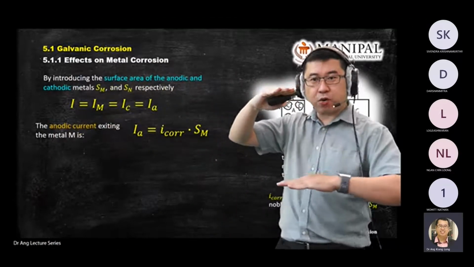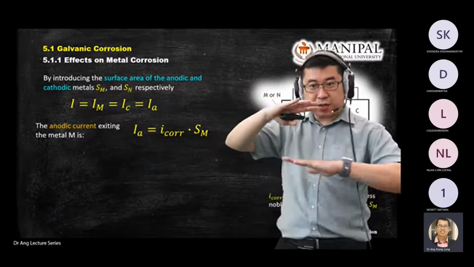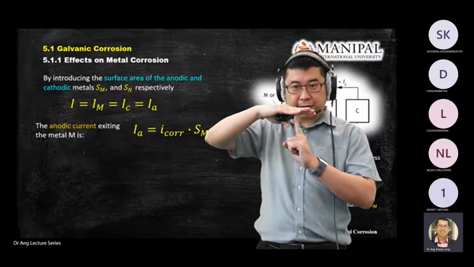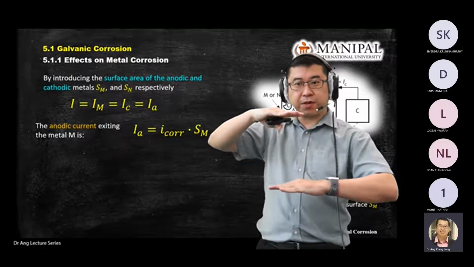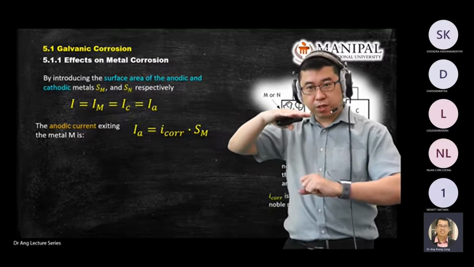The one that corrodes is which one? The one that corrodes is the less noble one. It is the one that gives electrons to the higher noble metal. This is the one that experiences corrosion, and this is the one that controls the corrosion rate.